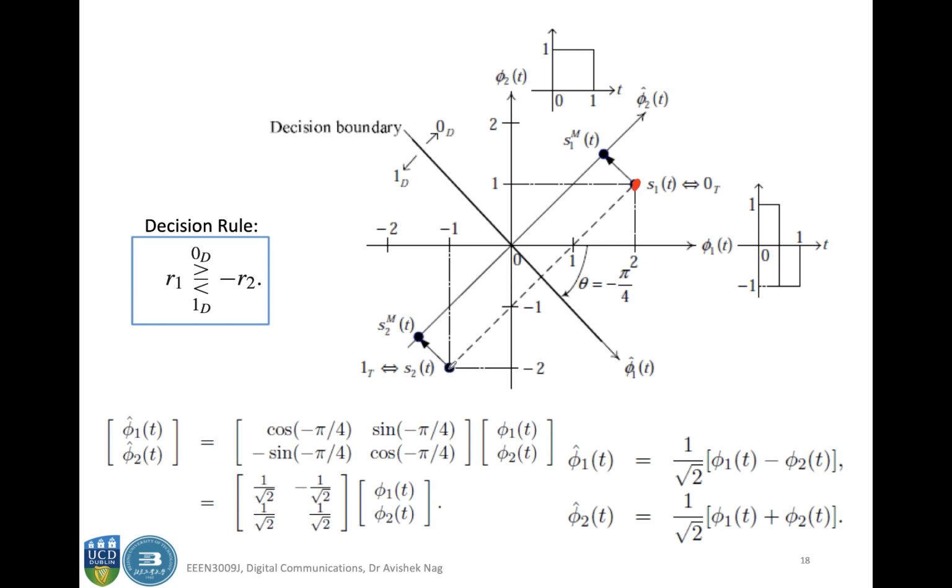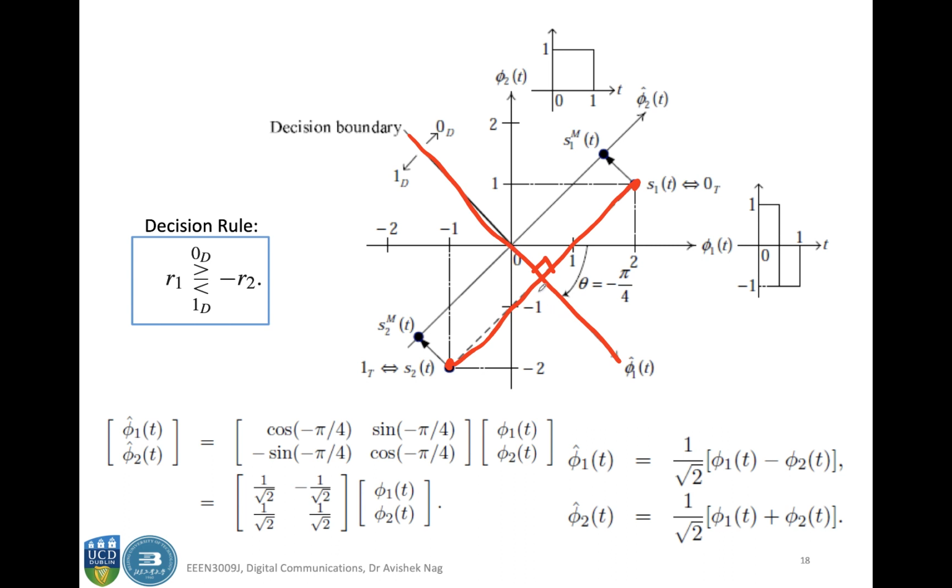So you have the two signals here, and basically the decision boundary is the perpendicular bisector of the line joining the two signals. So these are the two signals, and the line joining the two signals is this, and the perpendicular bisector is your decision boundary.